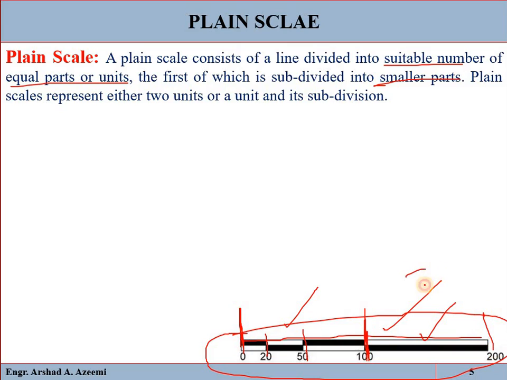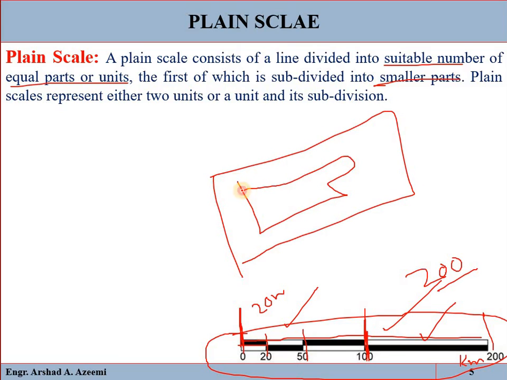So see, maximally through this scale we can convert 200 units, and minimally we can convert up to 20 units. For example, if here the unit is kilometer, and you have a drawing of an object, and suppose you take this much distance in the drawing, from this point to this point, then the dimension of this drawing will be equal to 200 kilometer of the actual dimension.